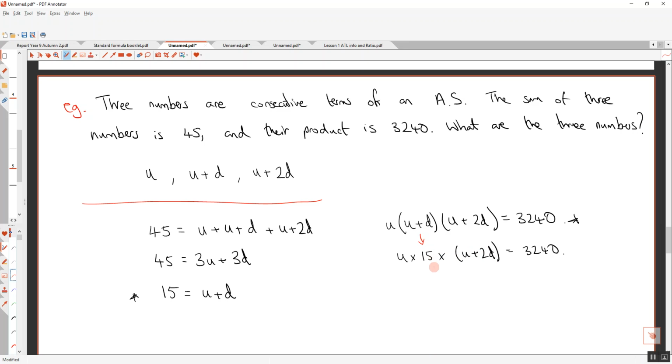Could do, or how can you get rid of the 15 totally? You divide. But then when you expand later, once you have a square u, that's easier than a cubic one, yeah? So when I divide everything by 15, I'm going to get u times u plus 2d. 3240 divided by 15 is?